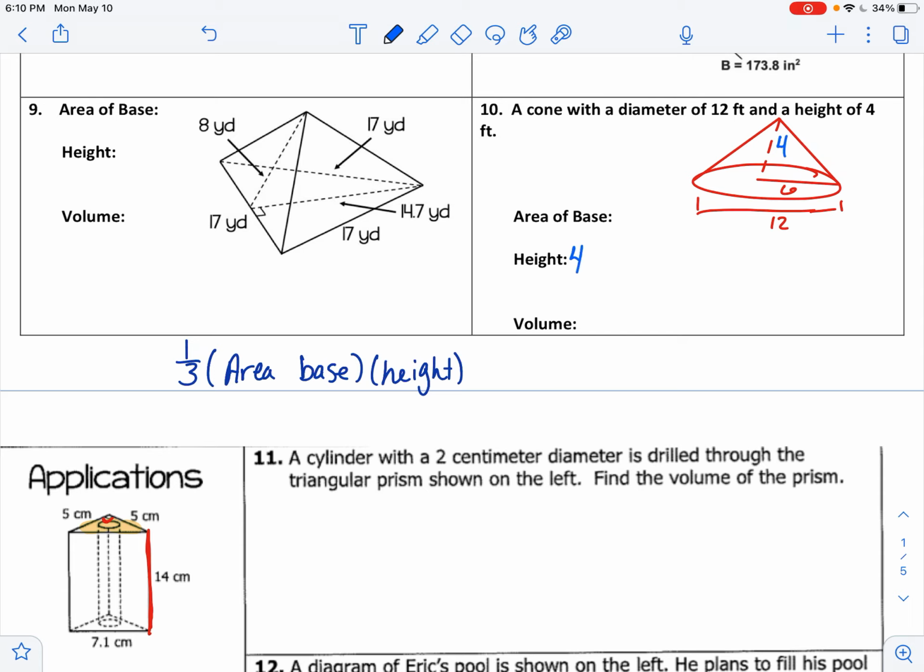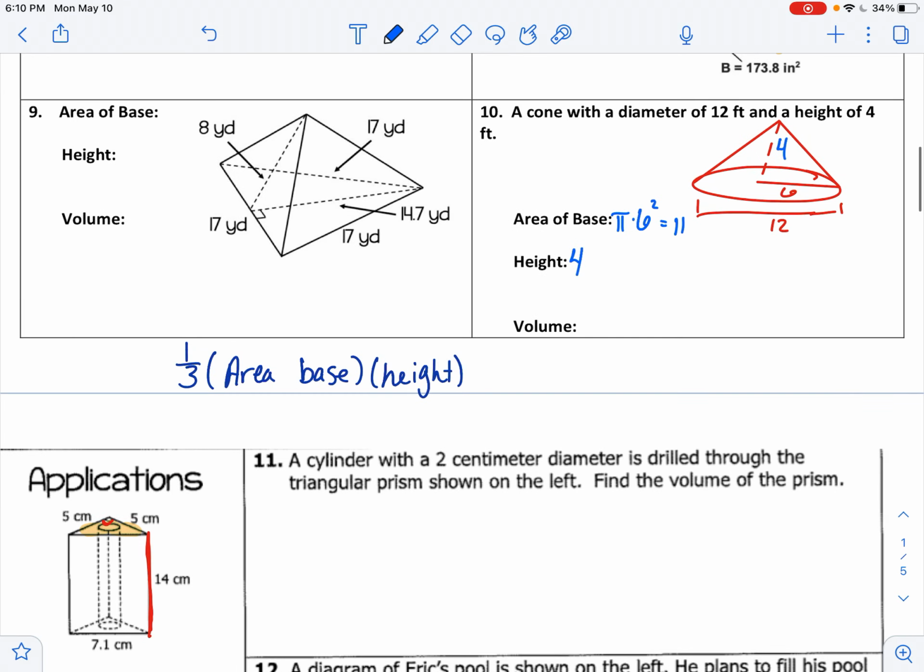And since that is a circle base, the area of the base would be found by doing pi times r squared, which is 6 times 6, or 36 pi, which is 113.097, approximately, or 113.1.